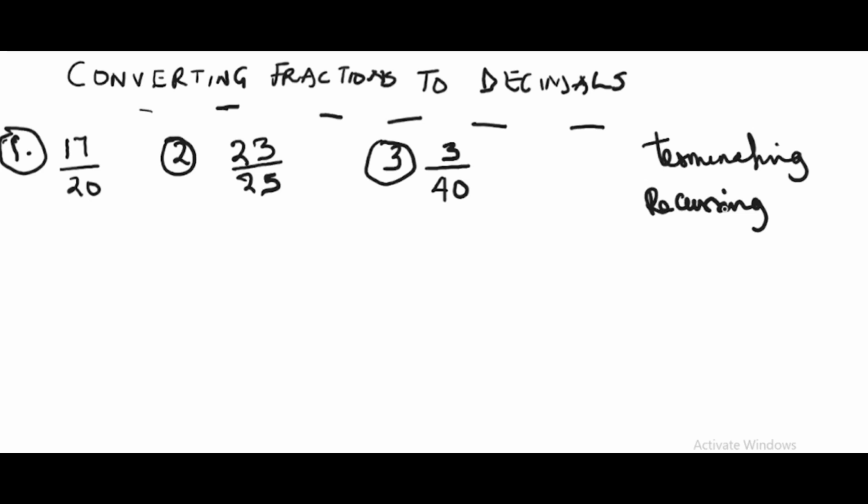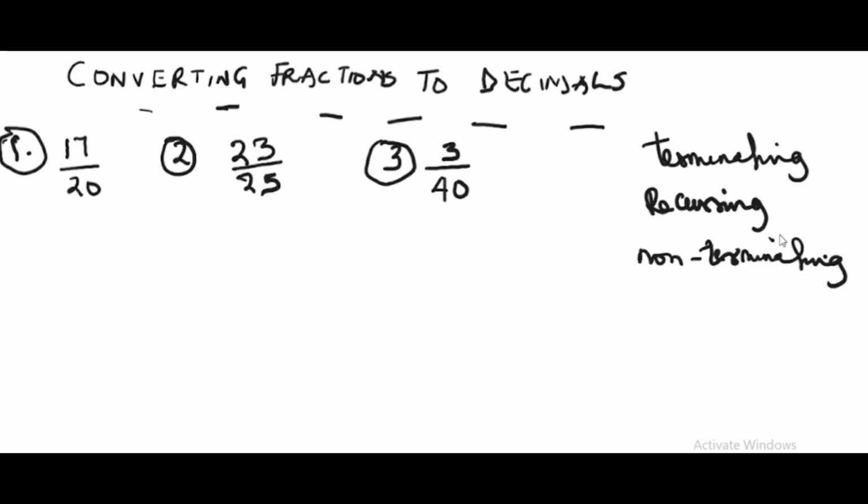So that's for recurring. Then the third one is what we call the non-terminating. Now, this non-terminating is quite different from recurring. Why is it different? It is different because the decimal is not ending, but it is not the same digit that keeps repeating.